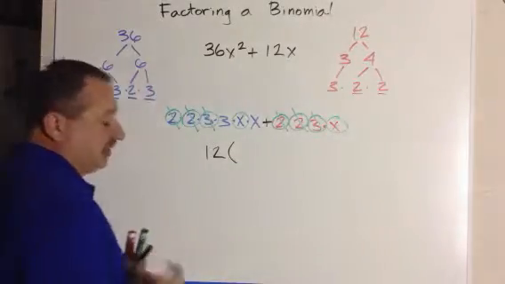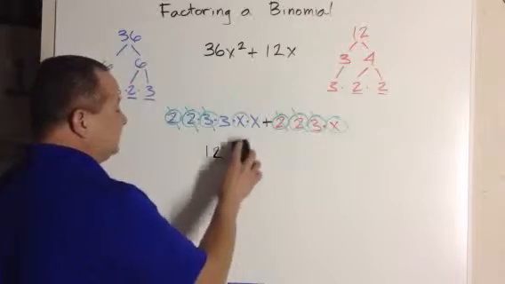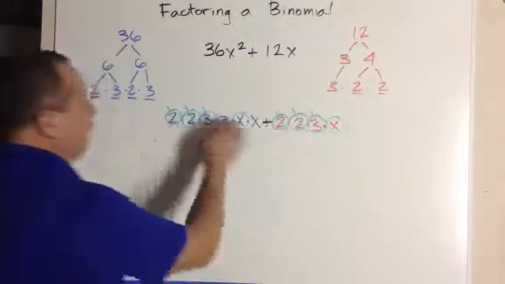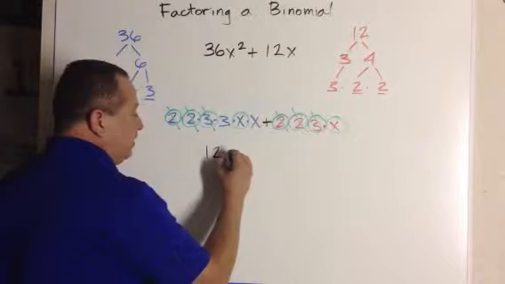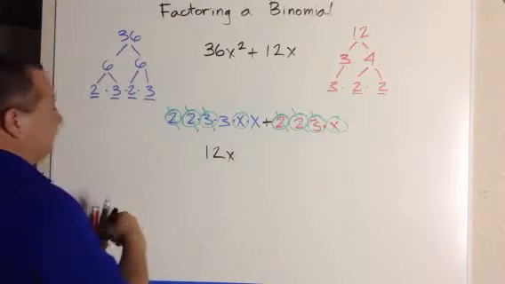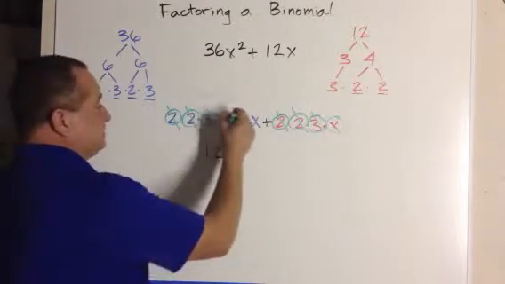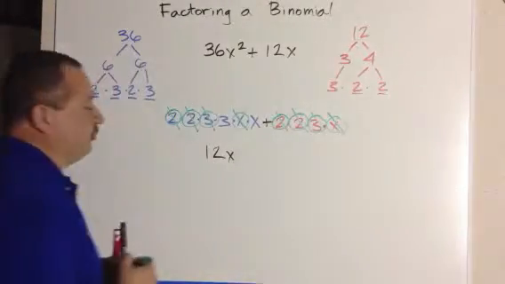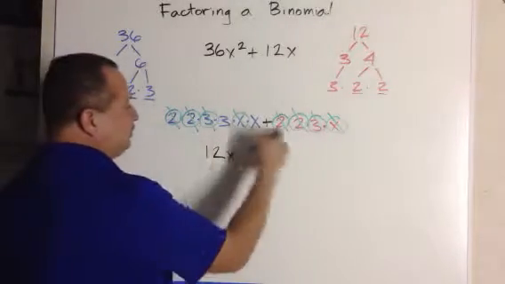Wait a minute. You guys should be stopping me right about now. Did we factor more than just the 12? How about that x? Didn't we also factor out an x? So let's put that x here, because we factored out a 2, a 2, a 3, which gave us 12, plus the x. There. So now we're showing everything that we factored out of these two groups.